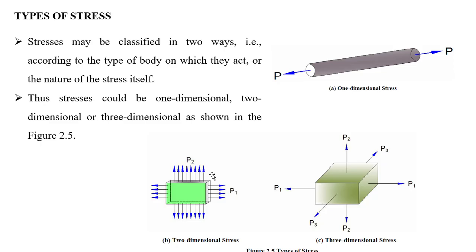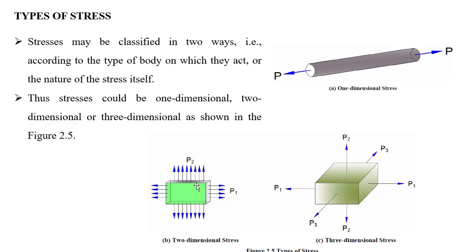And some of the body forces, if you see two-dimensional bodies, for example retaining walls, where they resist the forces acting from the backside, and they create stresses in lateral directions. Their thickness will be very negligible.